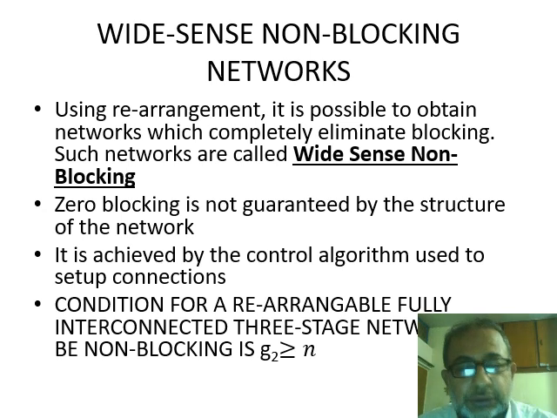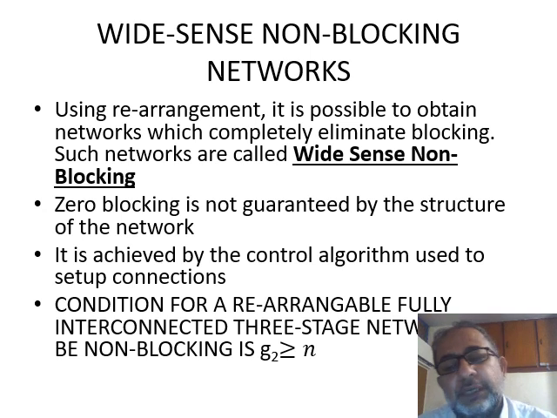But in this case also, zero blocking is not guaranteed by the structure, and it is called wide sense non-blocking. If we compare it with a strict sense non-blocking network in which G2 is greater than or equal to 2n minus 1, we have a considerably lesser number of cross points, because the secondary stage would have n number of cross points as compared to 2n minus 1.